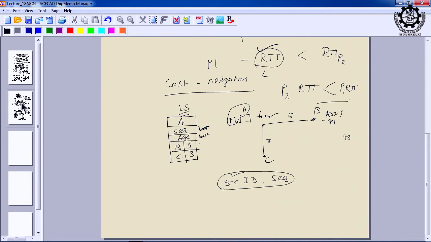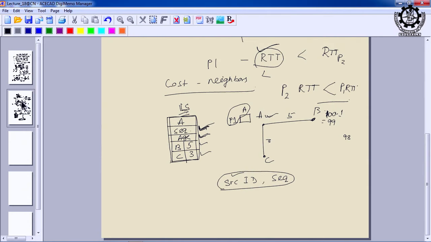And the rest of the things that we studied in the previous two steps: the source, the neighbors, and the cost to reach the neighbor. So, at the end of the third step of the link state algorithm, all the routers will have this kind of link state packets. Now, can you answer me one question? We have studied another table, the routing table, right?